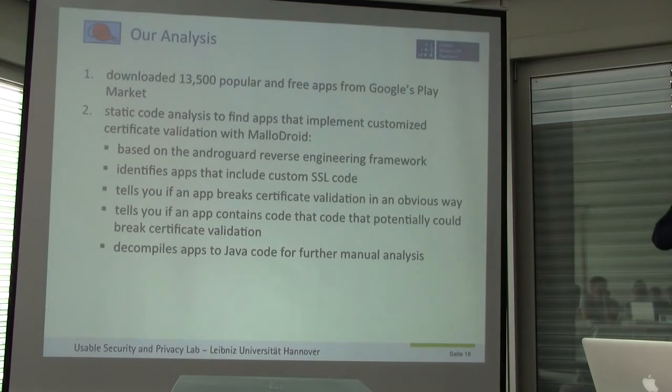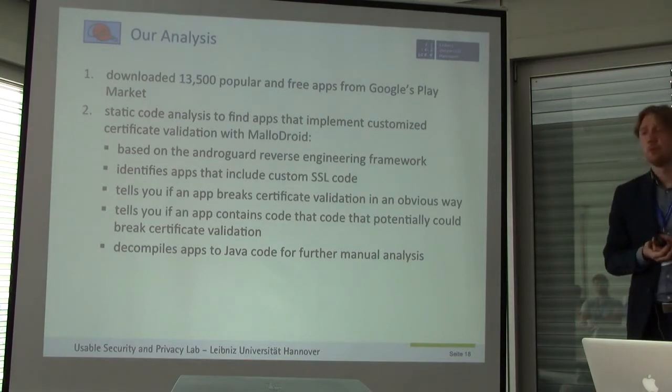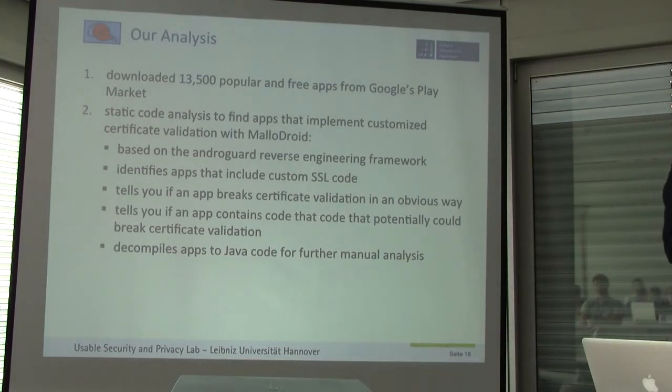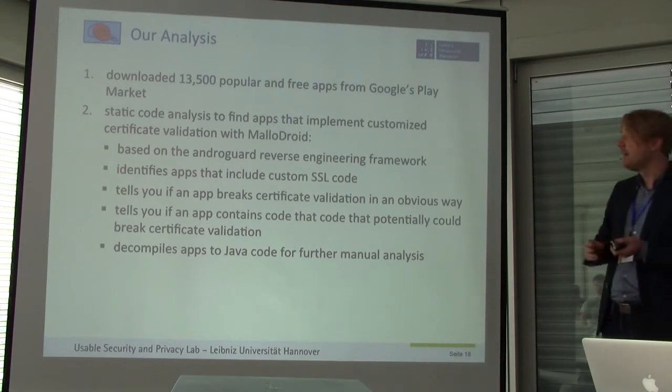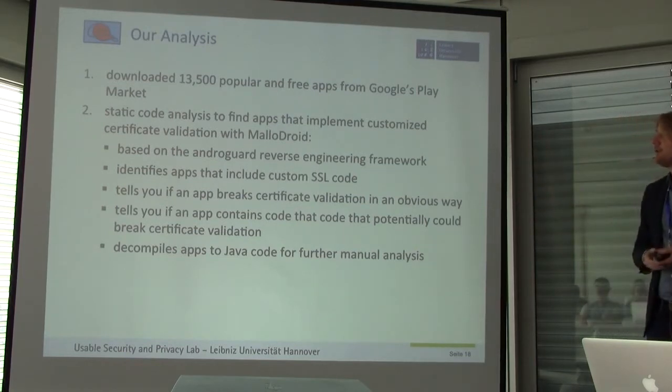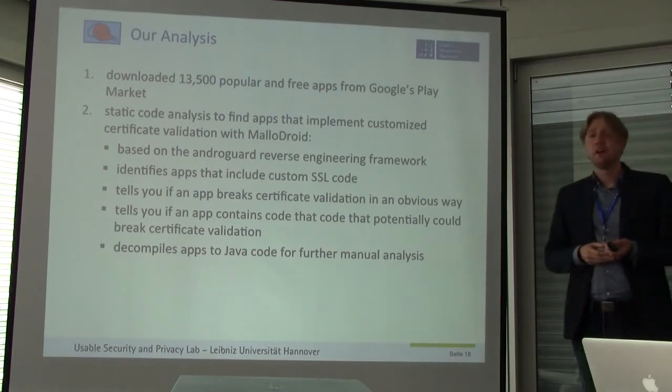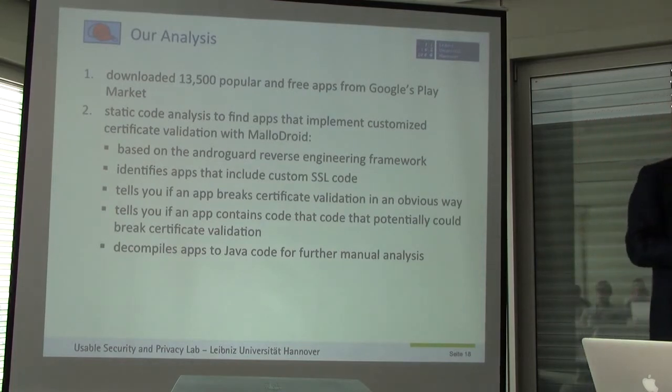So we decided to have a look how widespread these problems were, and we downloaded 13,500 of the most popular and free Android apps from the Google Play Market, and we built a tool called MalloDroid, which helped us analyzing this code base, and this is a tool which is now released, and you are all heartily invited to use it to play around with as well. It's based on the AndroGuard reverse engineering framework, and it identifies apps which contain code which makes SSL vulnerable to man-in-the-middle attacks.